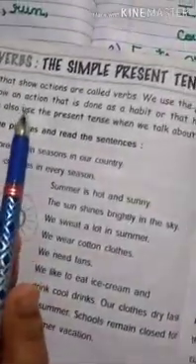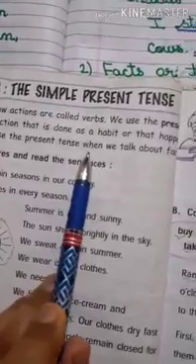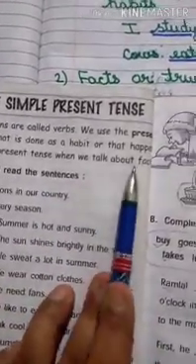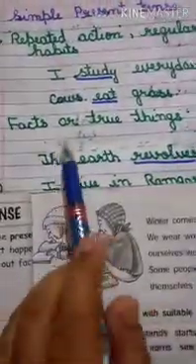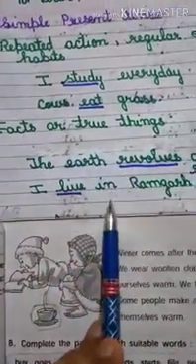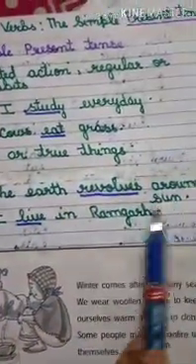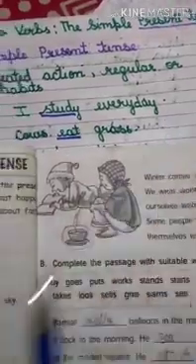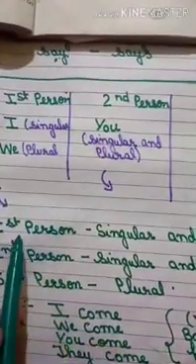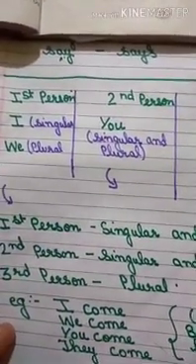So we also use the present tense when we talk about fact, like the earth revolves around the sun. Okay? So now children, how do we make sentences?